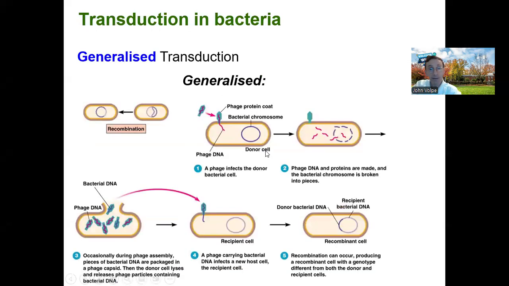So the virus replicates in this cell, destroys the chromosome, and then replicates its DNA. But the virus can make a mistake, and instead of incorporating the viral DNA, it incorporates the DNA of this cell. And then this virus will inject the DNA of this cell into that cell, and that will give this cell new DNA.